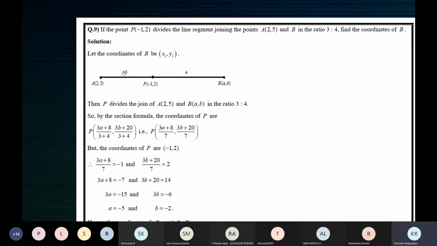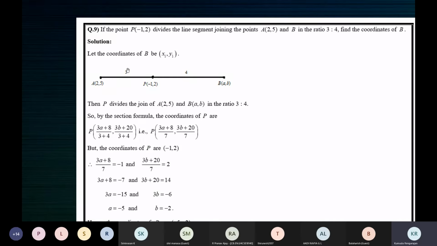So how do we use it? m into x2, where m is 3 and x2 is a, so 3a, plus n into x1, 4 into 2, divided by m plus n, which is 3 plus 4. So 3a plus 4 into 2, 8, by 7.